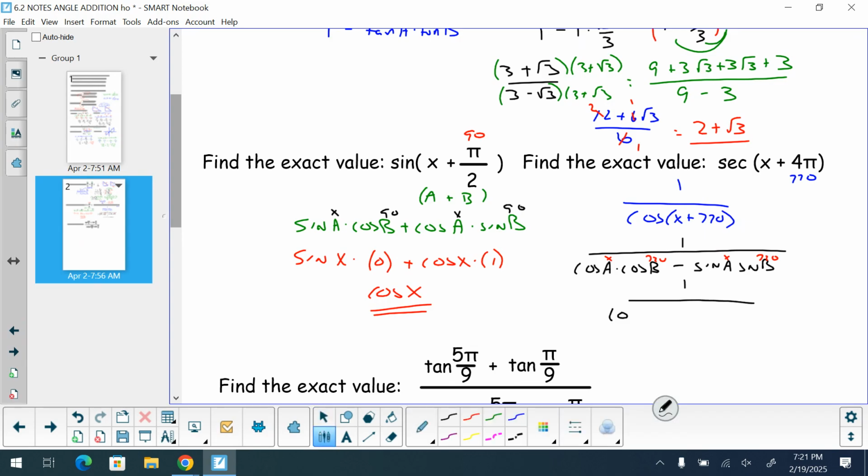So we have the cosine of x times cosine of 720 gives me a value of 1. Sine of x, sine of 720 gives me a value of 0. So this takes me to 1 over cosine of x, which takes me back to the secant of x.